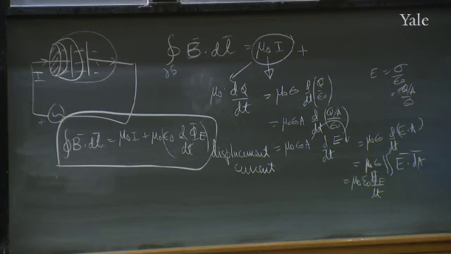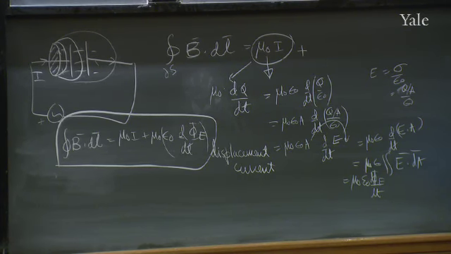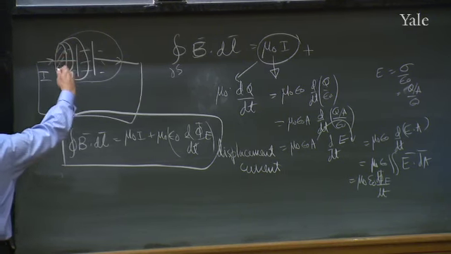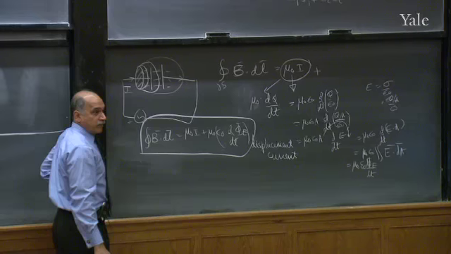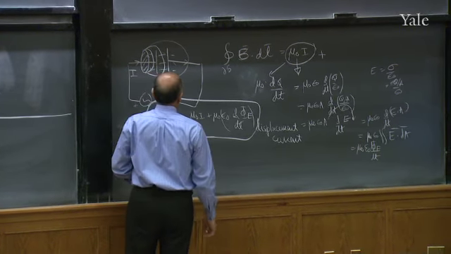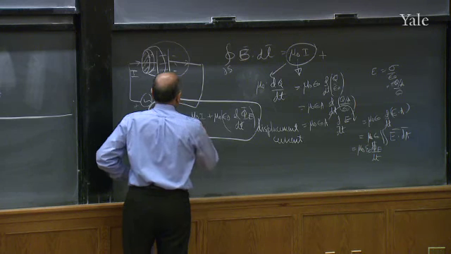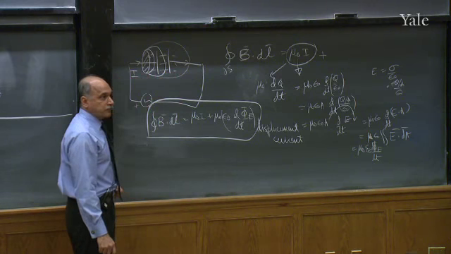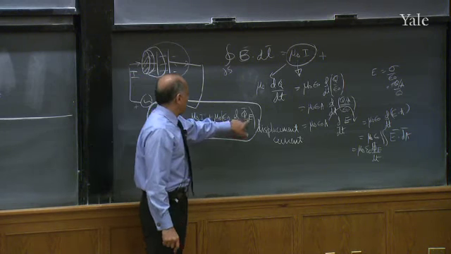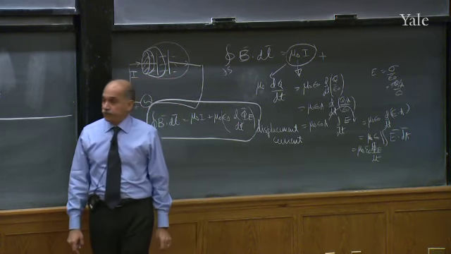But now look at this equation with that extra term. Notice it works everywhere. If you took a surface like the first one I took that slices through the wire here, there's no electric field anywhere inside a perfect conductor. Then mu 0 I is going to contribute. If I go to the region between the plates, there is no I there, but that's the rate of change of electric flux.